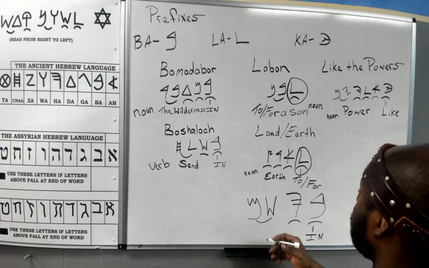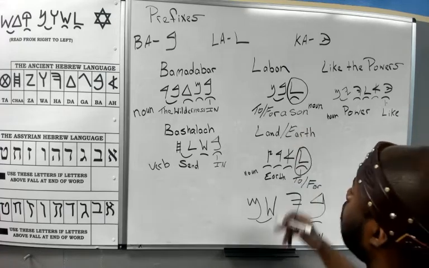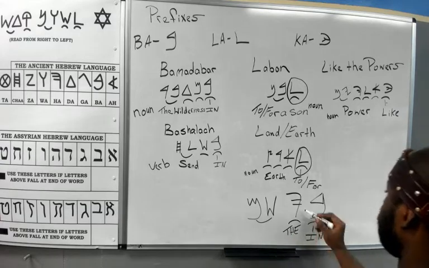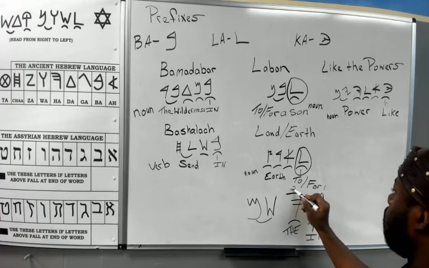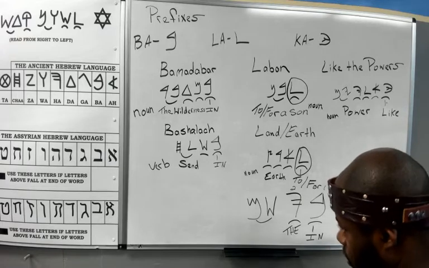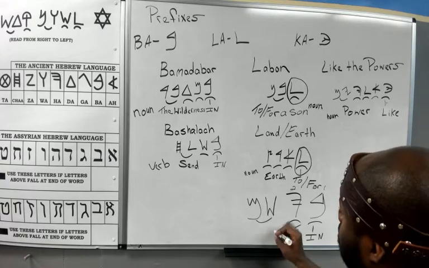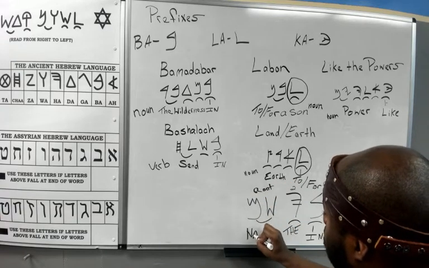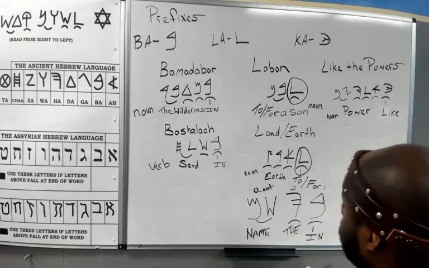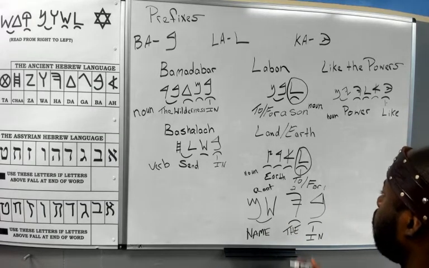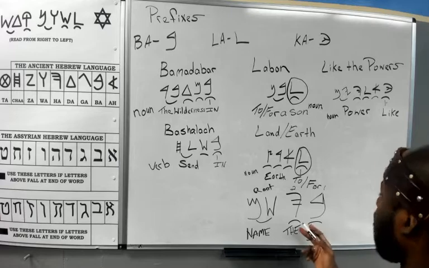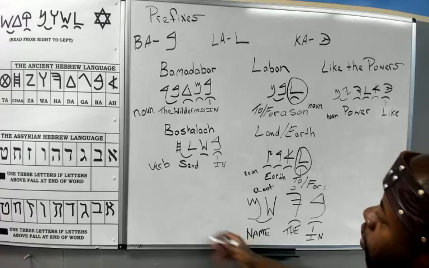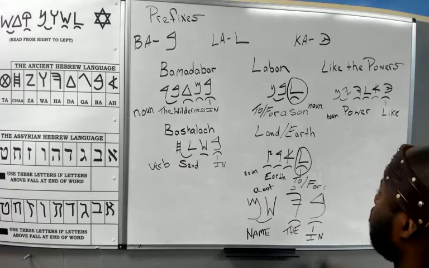Ha, as another preposition that I had up on the board earlier, means the. So we have two prepositions, one here and another one right here. Then our root word is sham, which means name in the Hebrew. So it'll be in the name, in the name of whoever. You will have more than one prefix that will be prepositions attached to either a verb or a noun. That's just another example.